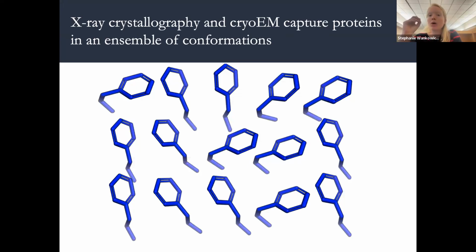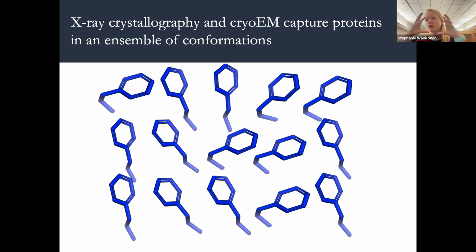Here I'm just showing a single side chain, but it's representative of the entire protein. X-ray crystallography and cryo-EM both get information. The experimental data that they collect is information from not just one copy of the protein, but thousands to up to billions of copies of the protein.